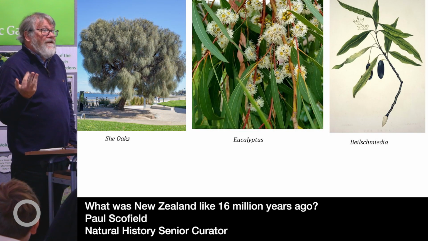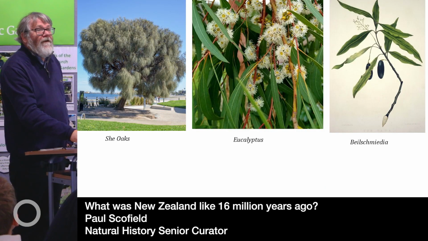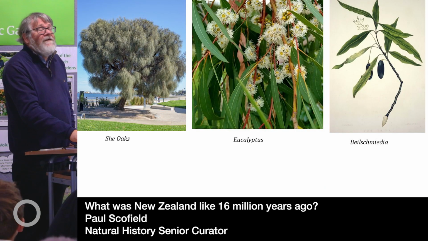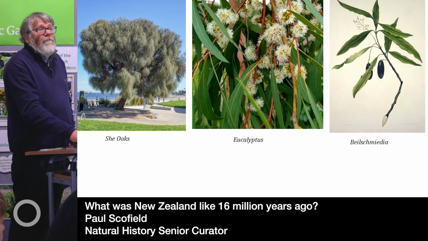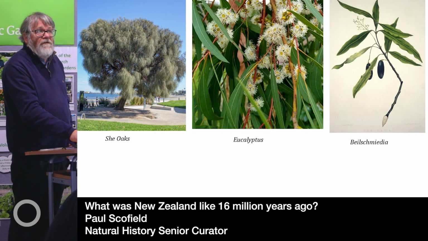The oddness of the New Zealand flora and fauna today might really just be something that's primarily occurred because of what happened in the last 3 or 4 million years, which was this catastrophic series of glacial events.